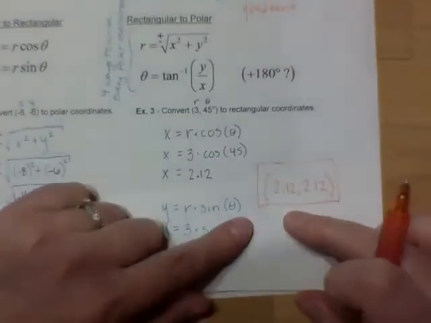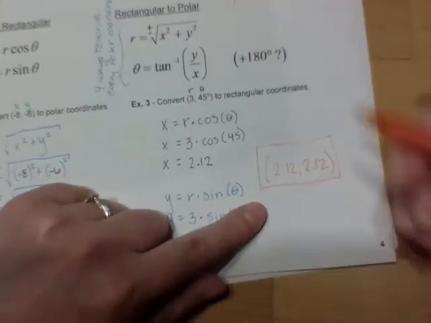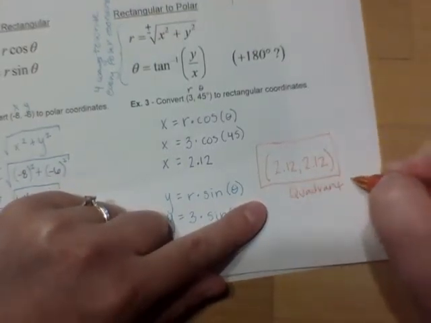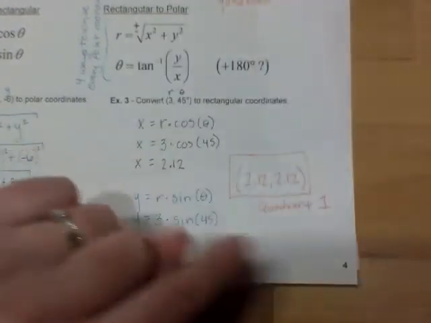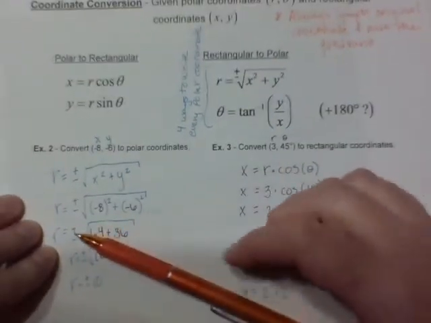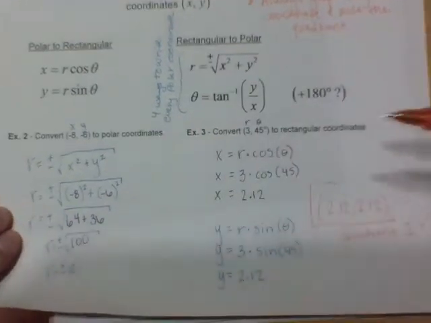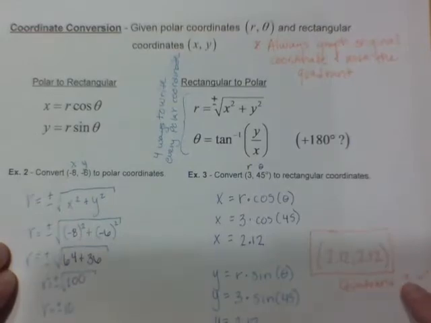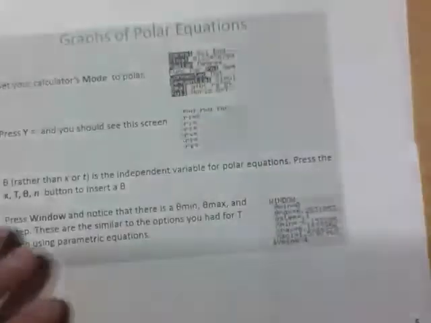Okay, so again, a lot easier, but notice that we are also checking that it's in quadrant 1, just like our polar coordinate was. And it is, so check for that. All right. So again, converting to polar coordinates is a little bit more difficult. Going to rectangular, nice and simple, but again, always want to check if you're in the right quadrant.